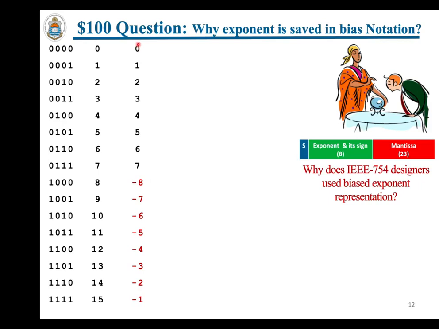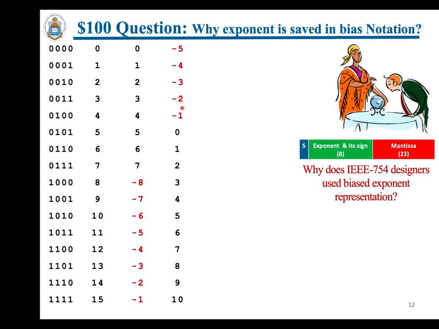Now the question is, what if we want to store fewer negative values and more positive values in this exponent part? The solution is bias notation. One possible bias in this scenario is bias 5. To go from the true exponent to the biased exponent, you add 5.